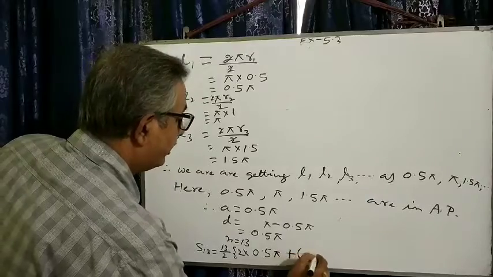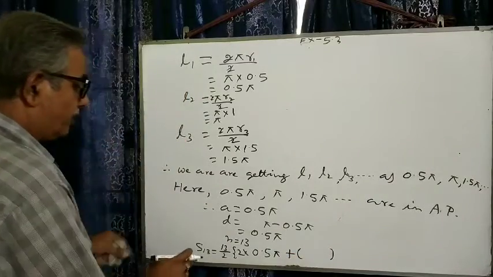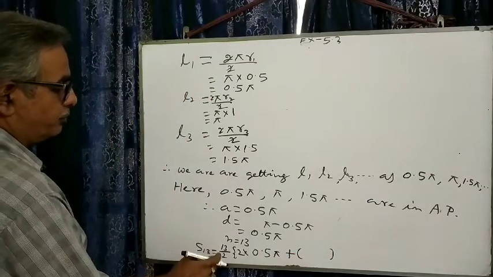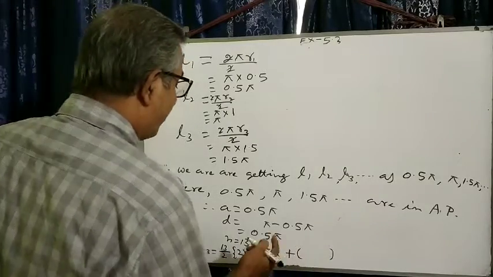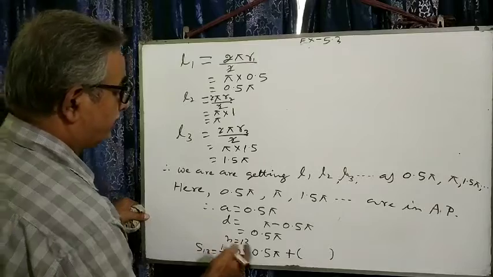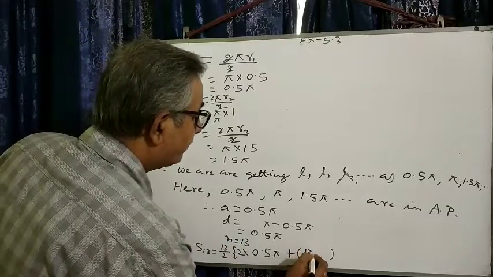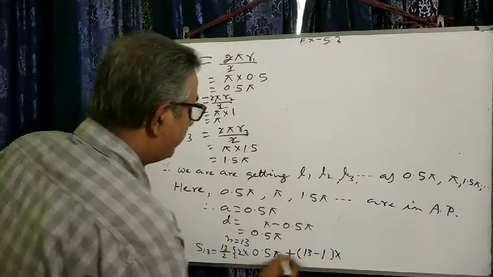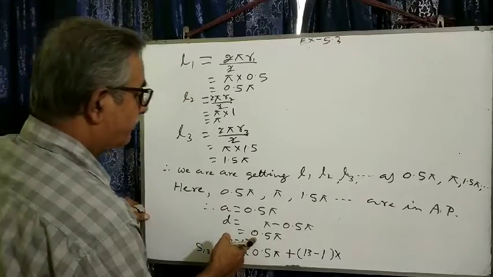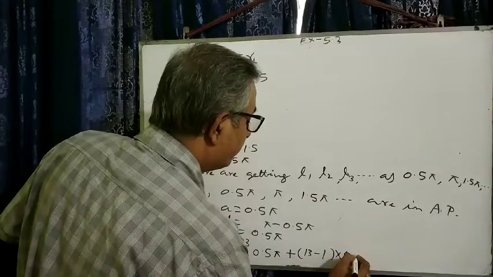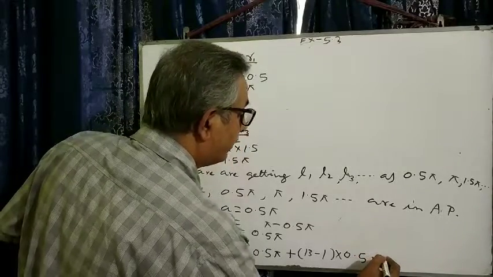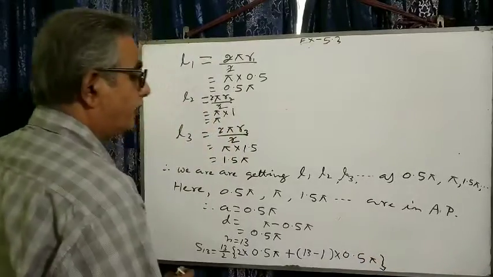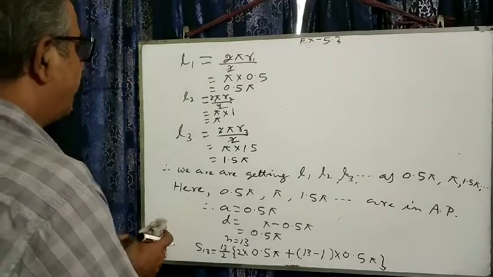Plus, what is the formula? Sn is equal to n by 2 into twice A plus n minus 1 times d. What is n? n is 13, minus 1. The common difference we earlier got is 0.5 pi.